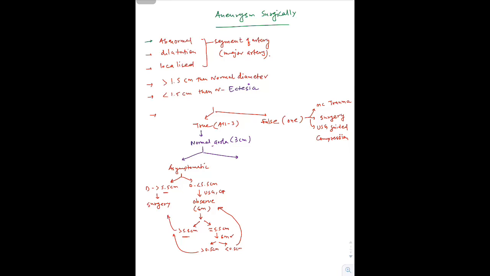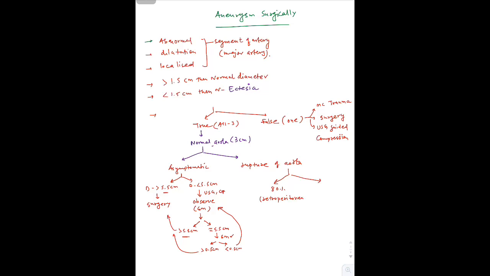And there is another possibility apart from asymptomatic, and that is rupture. Now there are also two types of possibility in aortic rupture. Either it can be retroperitoneal or it can be intraperitoneal, but most probably, that is 80%, it will be retroperitoneal.